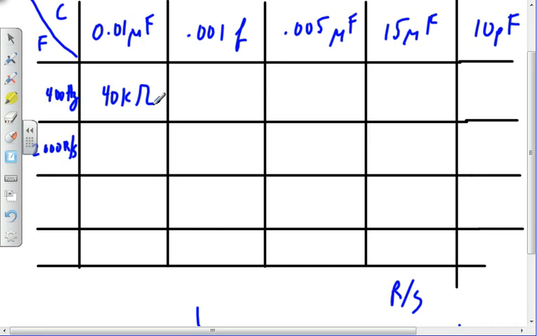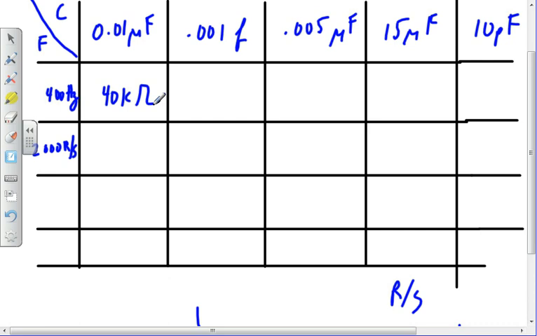Capacitive reactance is going to be in ohms. Okay. Did we all get the same answer? I got 39.7887, but I don't have that many significant digits, so I'm just going to round it up to 40.